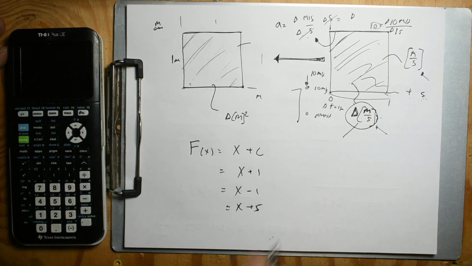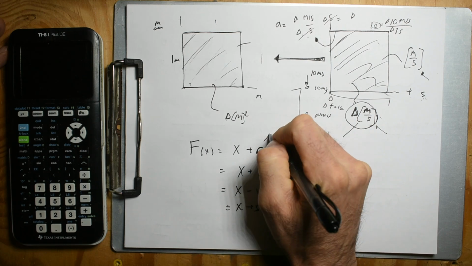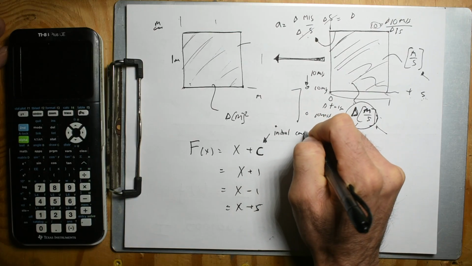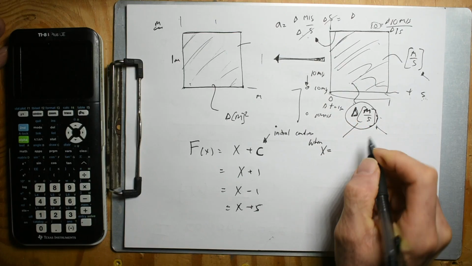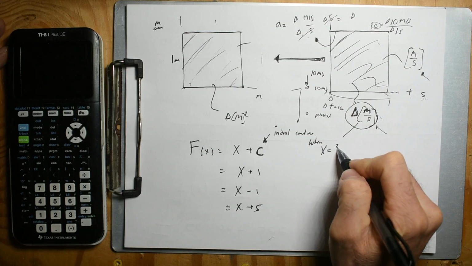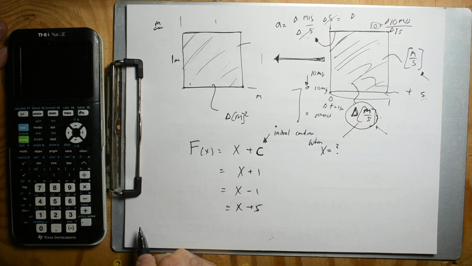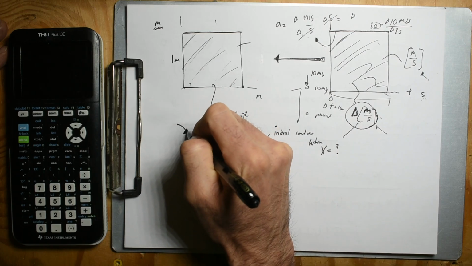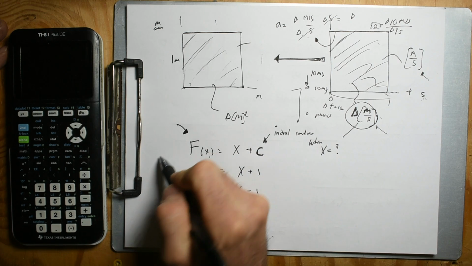And this constant is typically determined by an initial condition. An initial condition is when x is equal to a known value. So does the family of equations represent area or change in area?